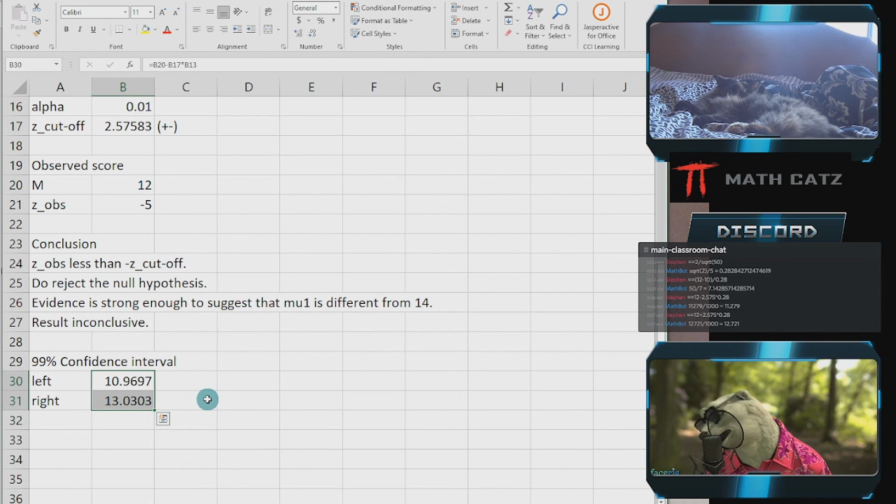I don't know where it is, which is why I build an interval around my mean, because I don't know if it's 12 or not, and I don't know how close to 12. I can associate a level of confidence with my guess of where the true population mean sits, and if I decide on 99, that gives me a window. If I decide on 95 or 90 or something else, of course, then the window will be different to match that slightly lower confidence.